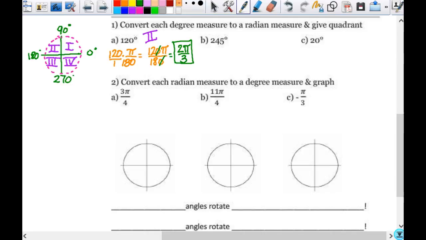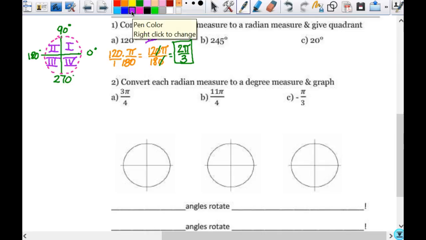I, nor anyone else, is going to accept that as an okay answer. Excuse me. I've been trying to explain to y'all that these things need to be all in one fraction. Sometimes it matters and sometimes it doesn't. It does with radians. You would never see radians written as 2/3 pi. It is 2 pi over 3. Okay, we good? All right, so then this 245 degrees, what quadrant would I end up in?